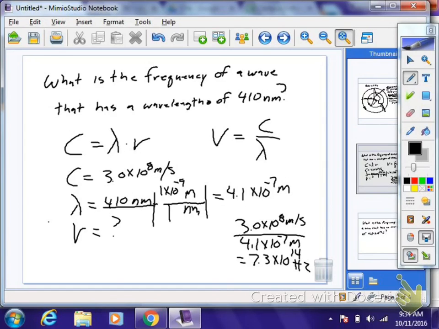So if you did this in your head without using the calculator, you go 3 divided by 4, you get 0.73. And then 8 minus a minus 7, you get to the 15th. You move your exponent over 1, then it would be 7.3 times 10 to the 14th. So when you plug it in your calculator, that's what you're going to get. But you can also do it in your head. You don't have to use a calculator to do it.